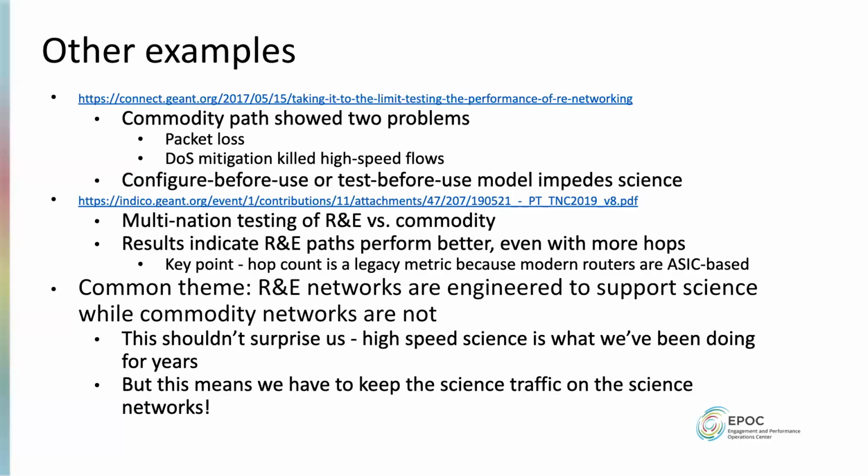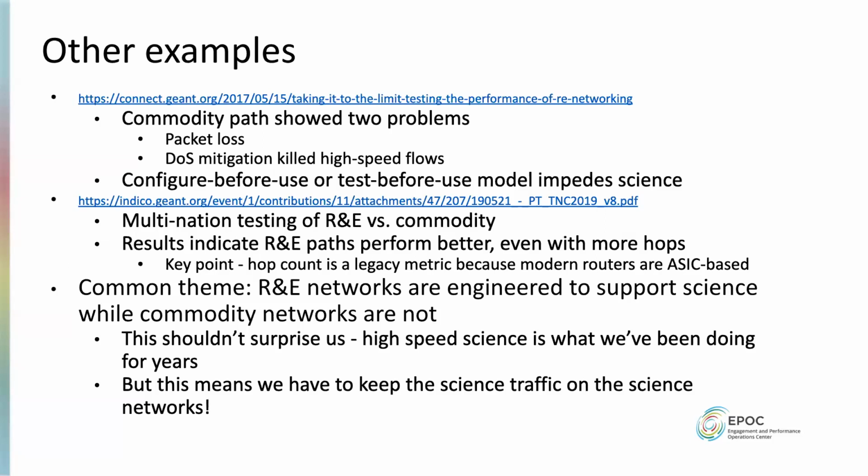These are a couple of things that have been presented at TNC. The first one was a characterization of, again, commodity versus R&E. Not only did they see the same thing that we saw here in the US when the denial of service mitigation machinery was getting invoked, but they also saw packet loss on the commodity path.